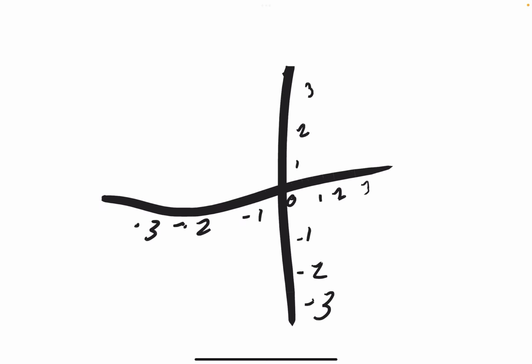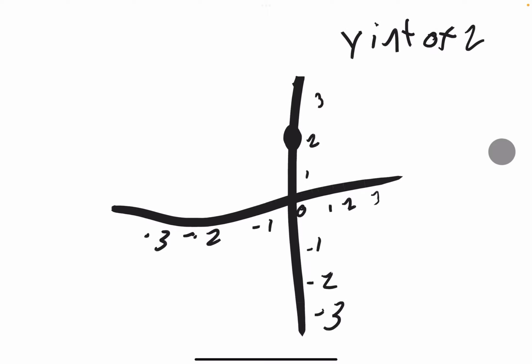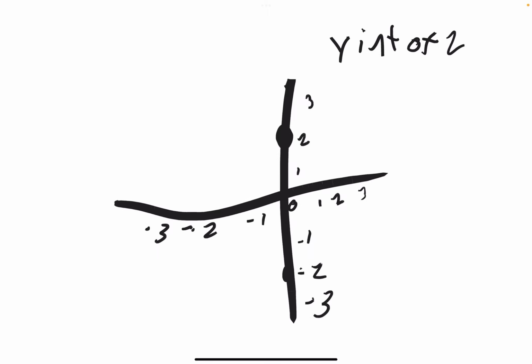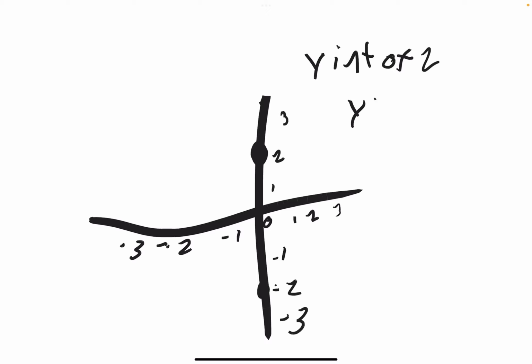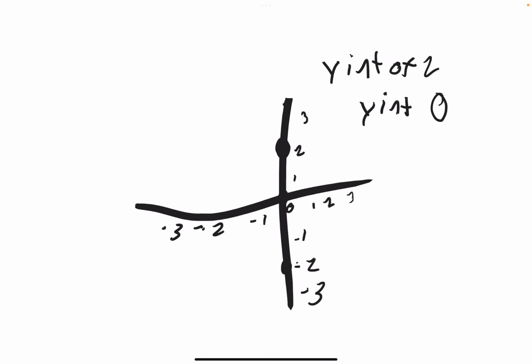Let's say it's at a 2. So that would mean that our y-intercept is 2. Now if it's down here, -2, our y-int would be -2. But if it's here, which is neutral at the origin, our y-int would be 0.